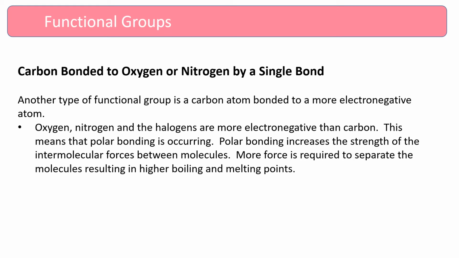This means that polar bonding is occurring. Polar bonding increases the strength of the intermolecular forces between the molecules. More force is required then to separate the molecules, resulting in higher boiling and melting points.